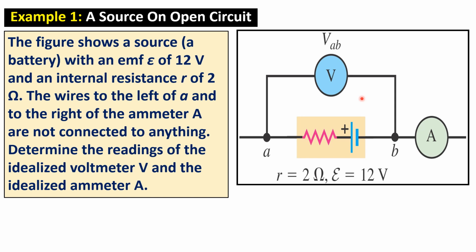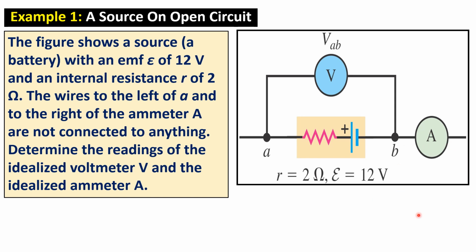So our question is, what would you think will be the ammeter reading and also the voltmeter reading? It's the voltage across the battery that's being measured by the voltmeter, and the ammeter measures the current that passes through the given point in the circuit.